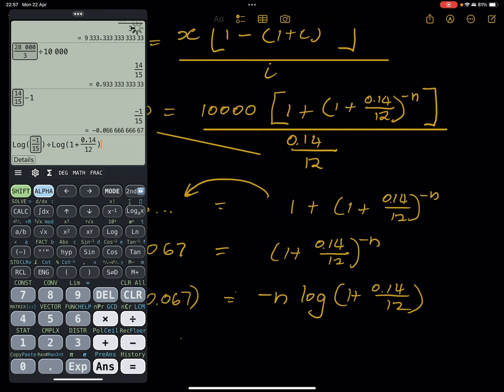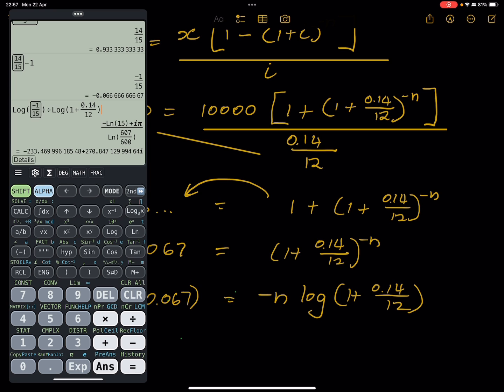And there's my final answer coming up just now. I get n, I get minus 233.47, which is equal to minus n.